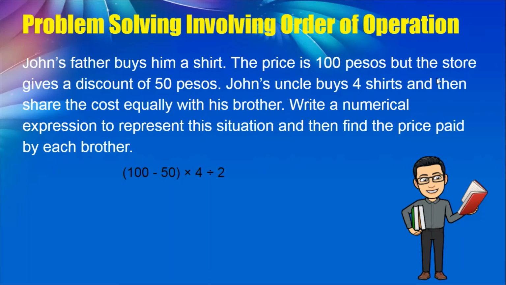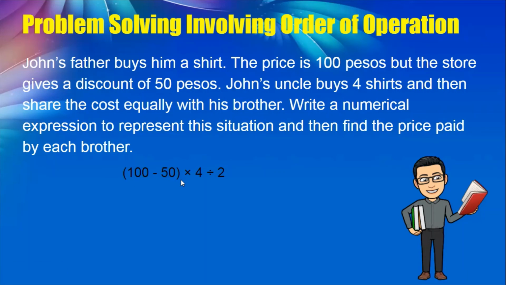And the cost will be shared with his brother, so we're going to divide it by 2. So the equation tells us that we're going to subtract 100 by 50, times 4 since they buy 4 t-shirts, and the cost will be divided by John and his brother. So this is our equation.